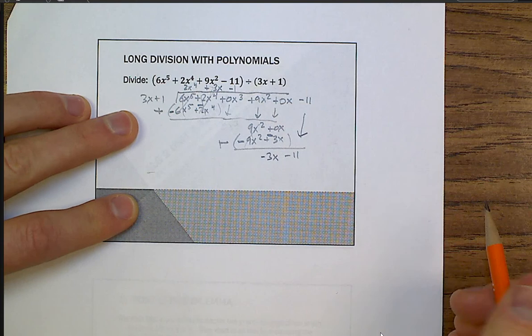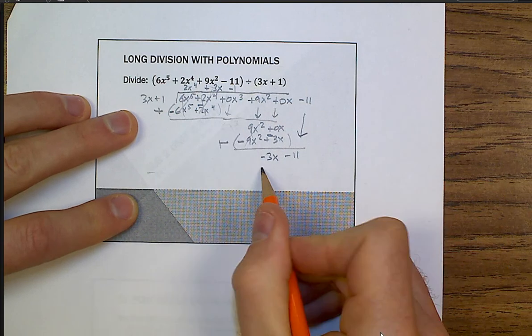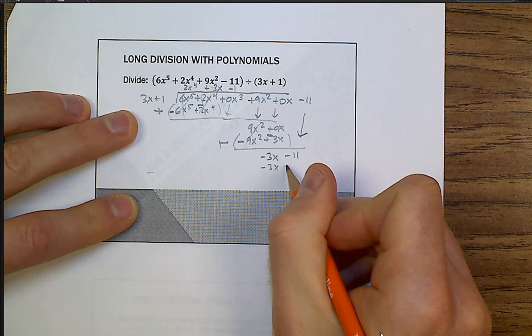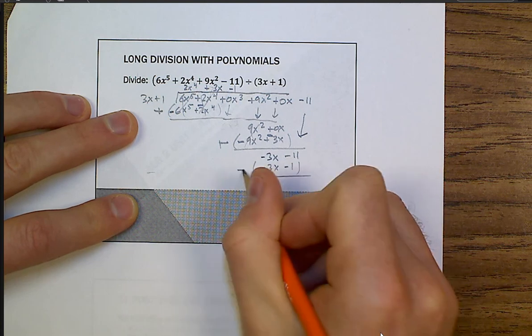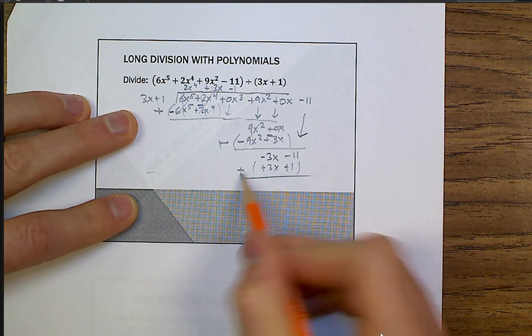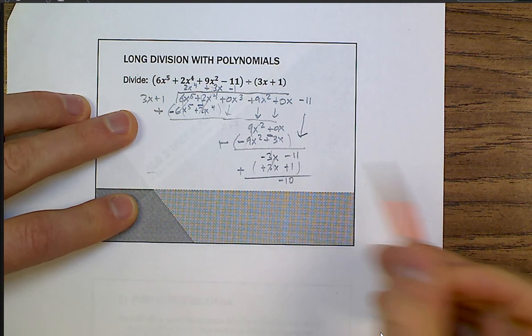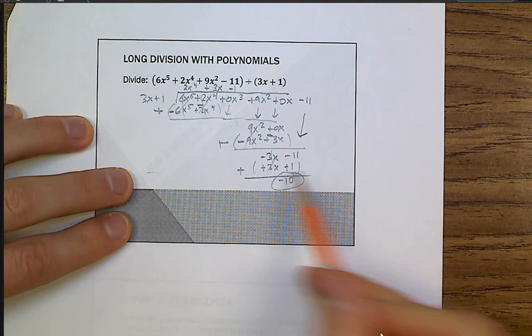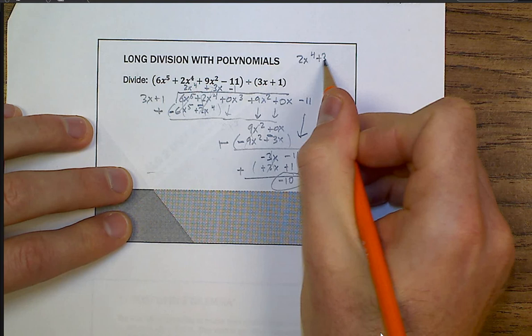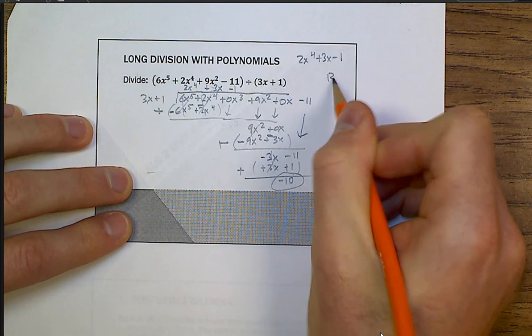So I have negative 1 times 3x, which is a negative 3x, and negative 1 times positive 1, which is a negative 1. And then I'm going to run it through, so that becomes a positive, and then I add them, and then I get negative 10 as my remainder. So my answer would be 2x to the 4th plus 3x minus 1 with a remainder of negative 10.